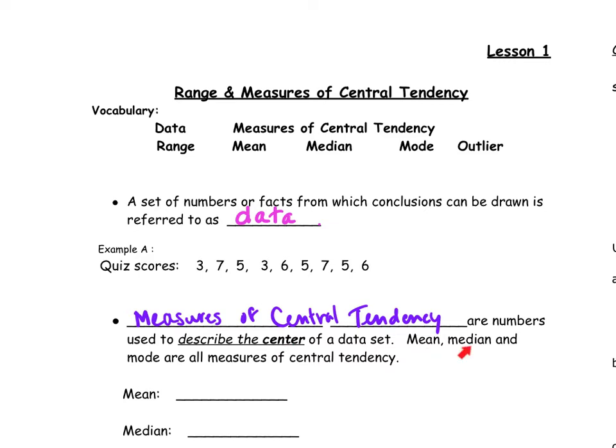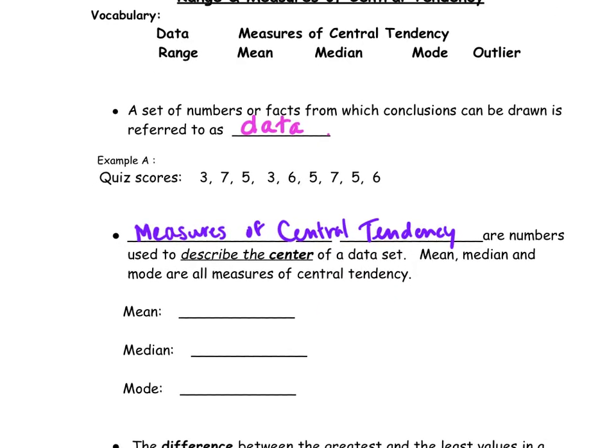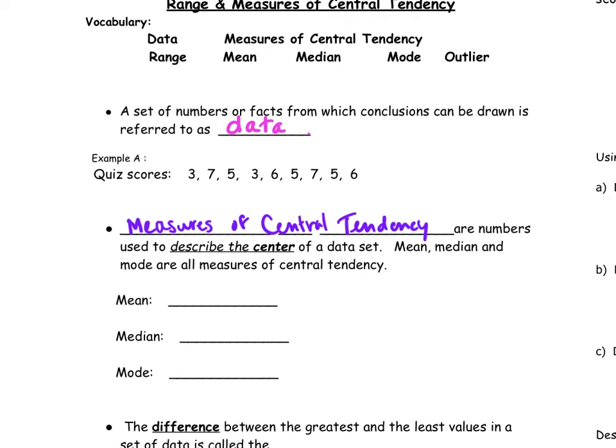Mean, median, and mode are all measures of central tendency. So when you hear this, it is speaking about mean, median, and mode. As we explore this, you're going to see why we call those the center of the data set. An easy way to remember mean is to think about it being the average.